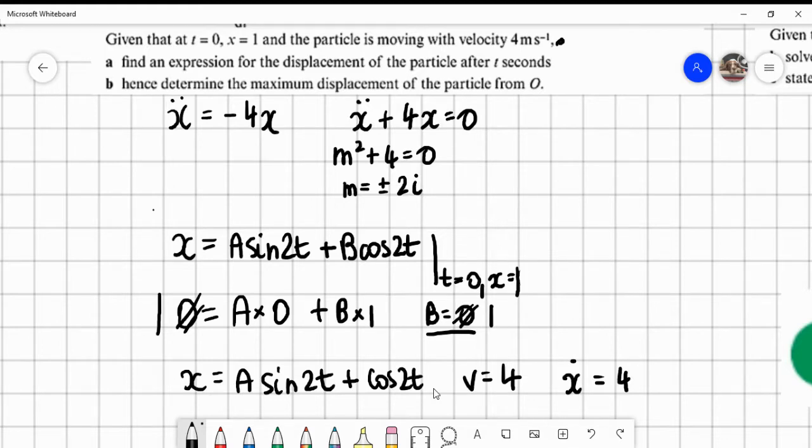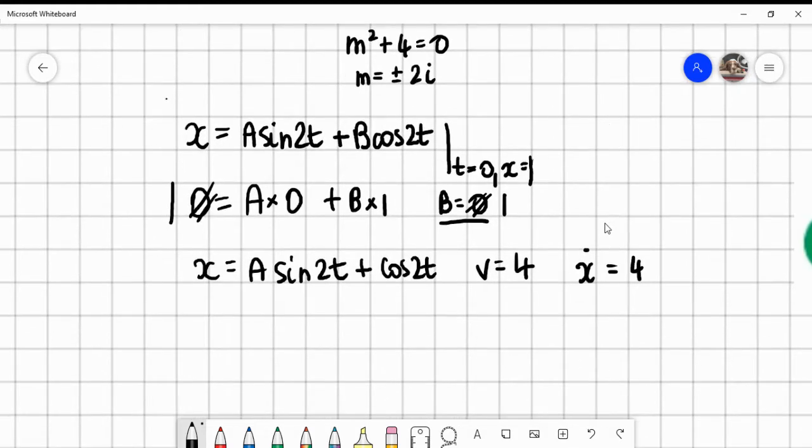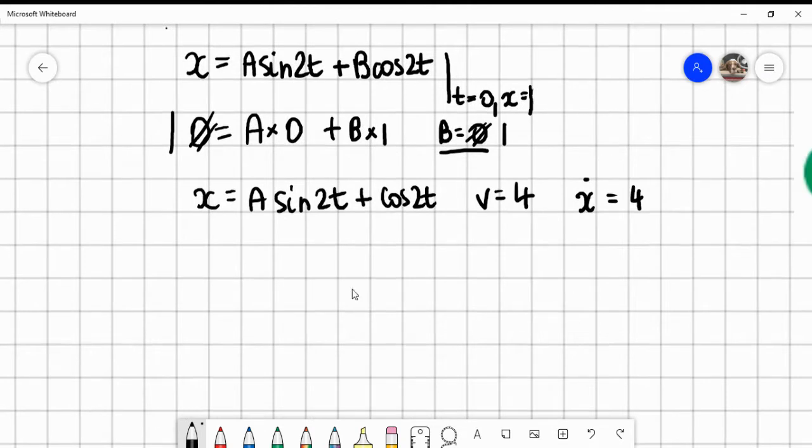Okay, so we're going to use the second condition, that at the same time the velocity is equal to 4, so we differentiate the solution. So this is x dot equals 2a cos 2t minus 2 sine 2t. Let's substitute x dot equal to 4 and t equal to 0.